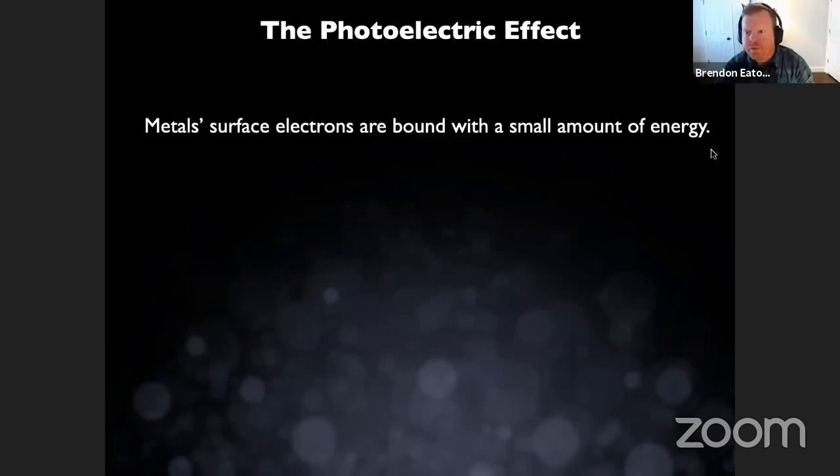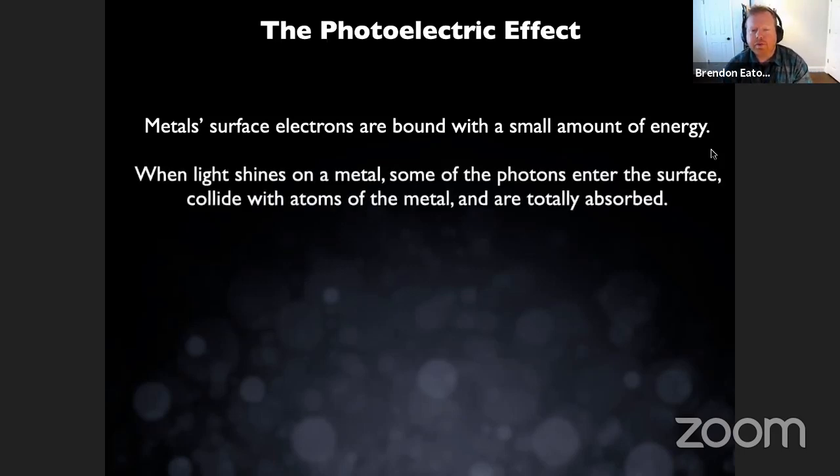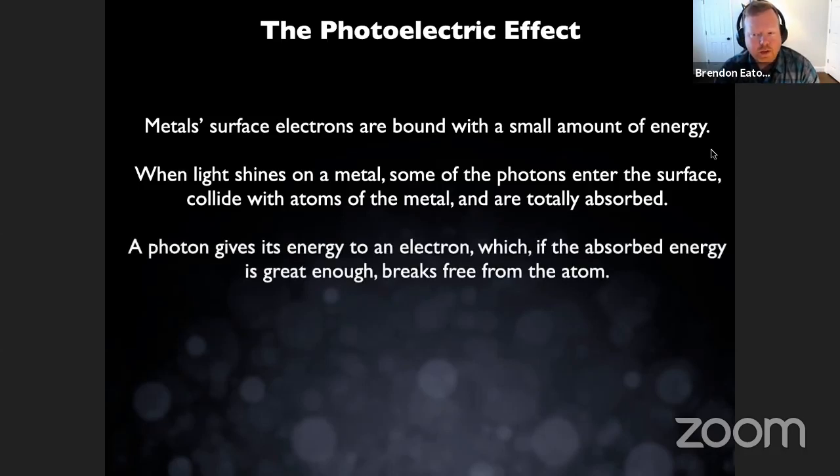All right, so in a metal surface, electrons are bound with a small amount of energy. And when light shines on that metal, some of the photons enter the surface, which again, photons are just packets of light, and they collide with the atoms of the metal and are totally absorbed. So when a photon gives its energy to an electron, if the absorbed energy is great enough, the electron is able to break free from the atom.